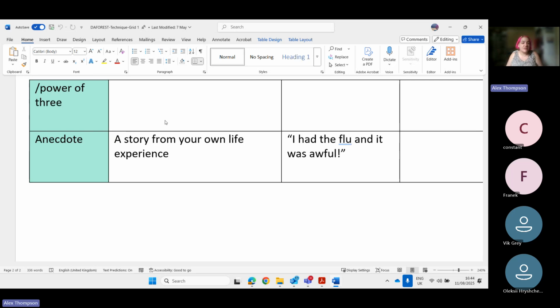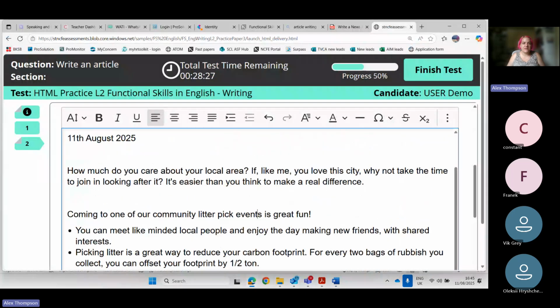Again, in your exams, you do not have to tell the truth. So you can entirely make it up. But it adds a sort of depth to the piece that you're writing if you can add anything from your own experience.